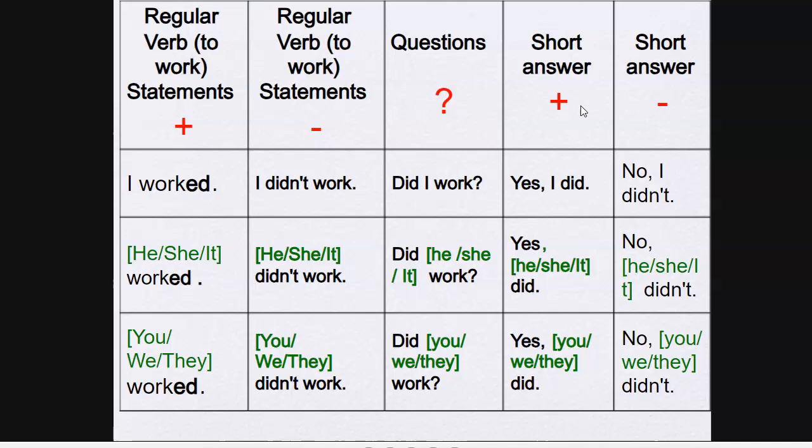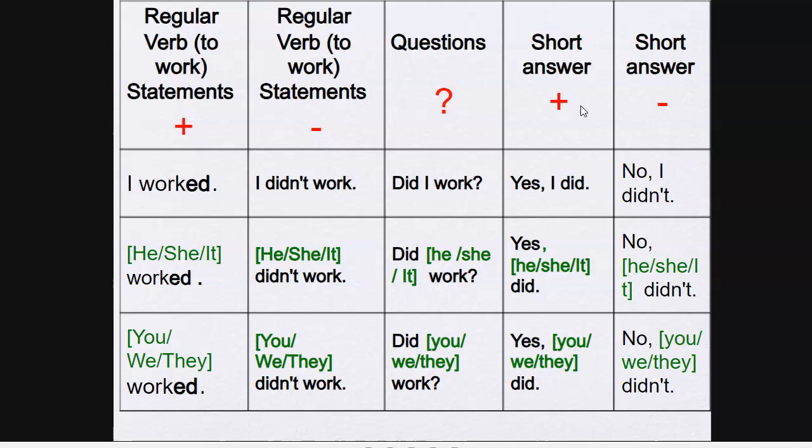For example, "I walked" is a correct positive sentence, not a negative. "I didn't walk" is a negative. "Did I walk?" is a question. And what about the answers? "Yes, I did" is a short answer, and the short answer for the negative is "No, I didn't."